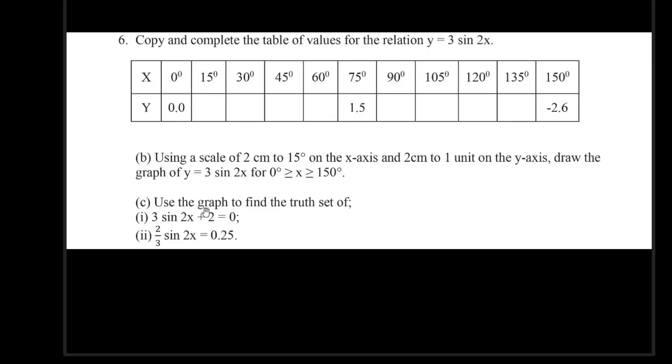That is the true value of this. So the next one, that's C(ii), is 2 over 3 sine 2x equals to 0.25. So in this case, we're not going to move anything to the other side. We're just going to find the value of 0.25 on the y-axis. Then we'll trace it to the x-axis.